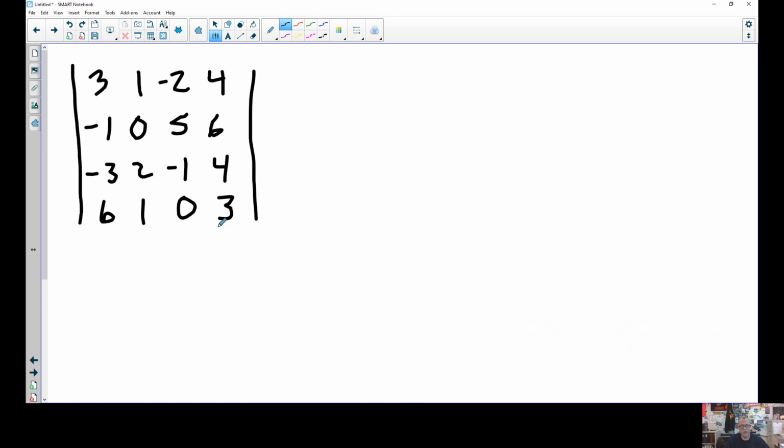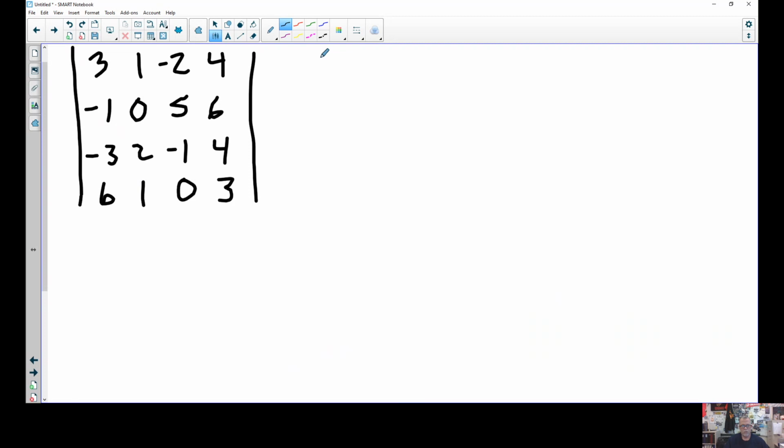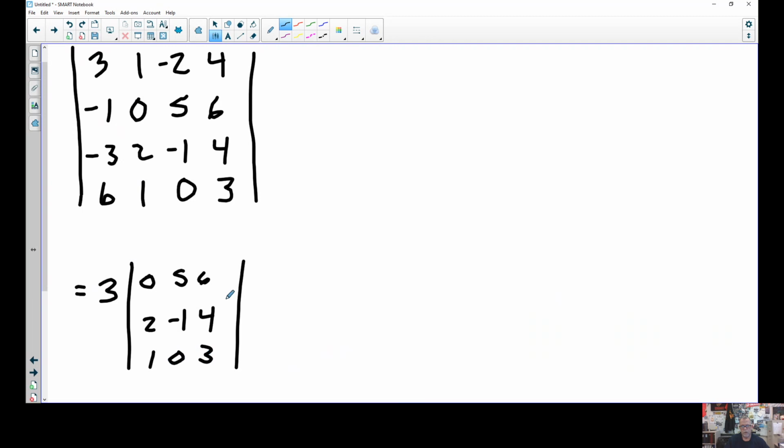I'm going to go down to work on this beneath it because I need the room. We're going to start the same way. We're going to do the 3, and it's going to be times the determinant that we get from eliminating row and column. So we get 0, 5, 6, 2, -1, 4, 1, 0, 3.